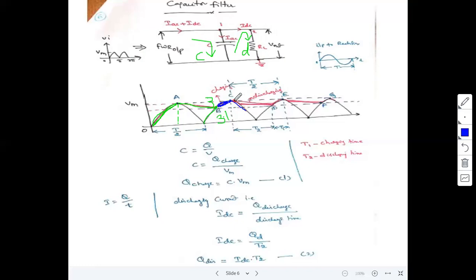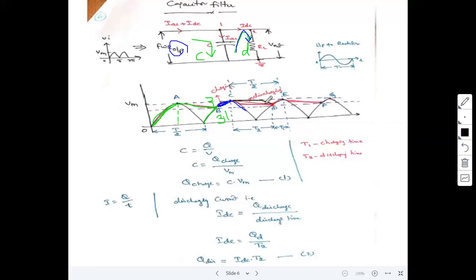Now again, whenever the capacitor voltage is greater than the full wave rectifier output voltage, it will discharge through resistor RL. This is the path here.